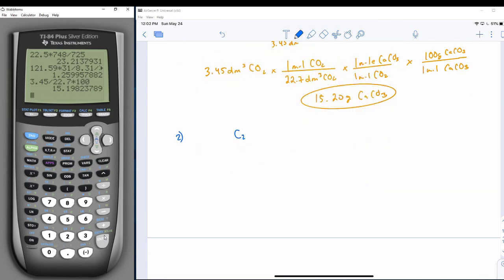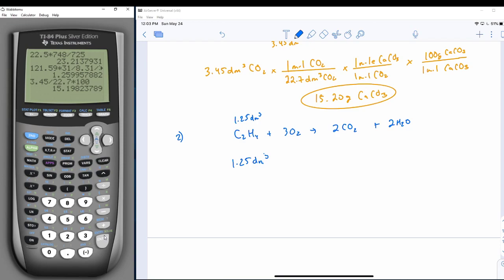Two, last problem. Here we have 1.25 decimeters cubed of ethylene gas, which is C2H4. Okay, how many liters of water vapor can be formed with this?